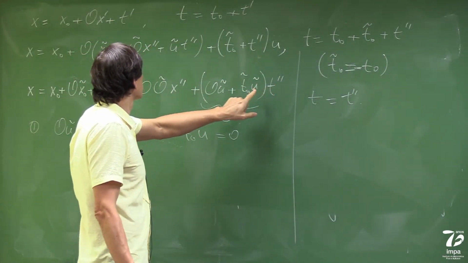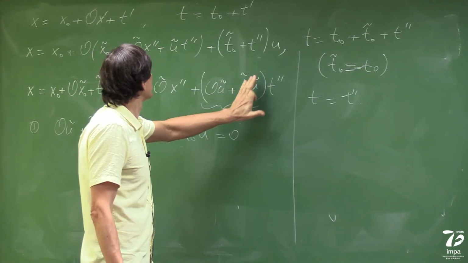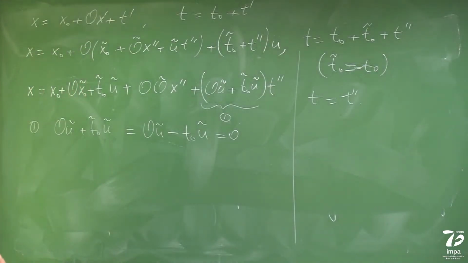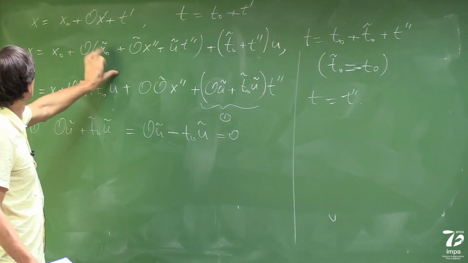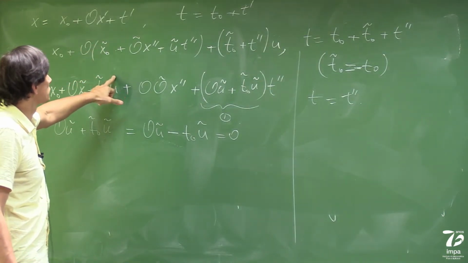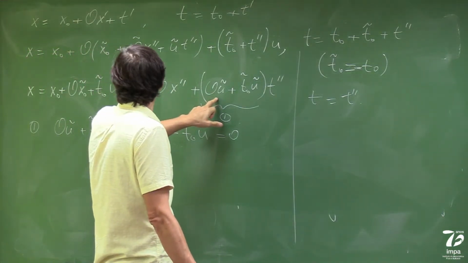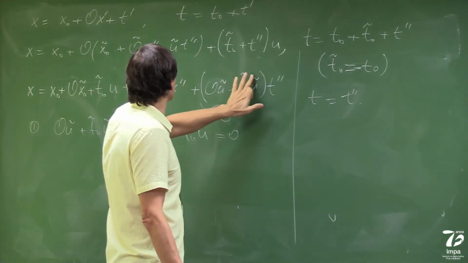So this is tilde, this is not, so t0 normal u, and this is O, t0 normal u, like this.